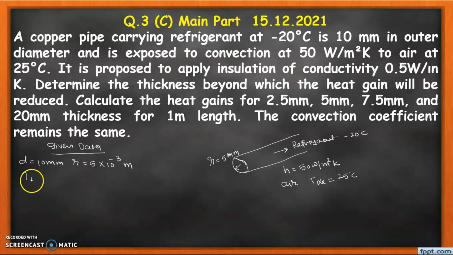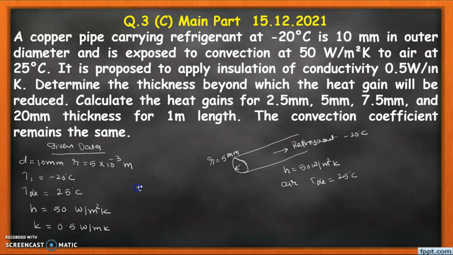The temperature of the refrigerant we take as T1, which is minus 20 degrees centigrade. T infinity is 25 degrees centigrade. The convective heat transfer coefficient h is 50 watt per meter square Kelvin. The thermal conductivity of the insulation material is 0.5 watt per meter Kelvin. And various thicknesses for the insulation are given.